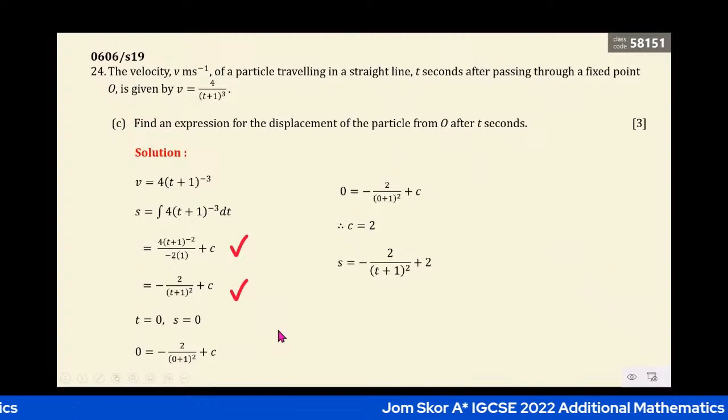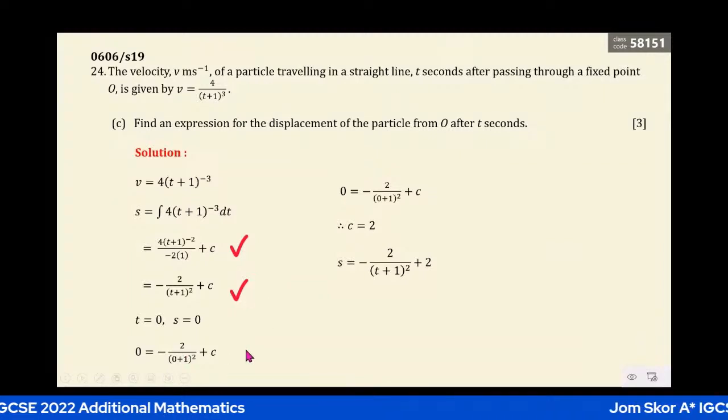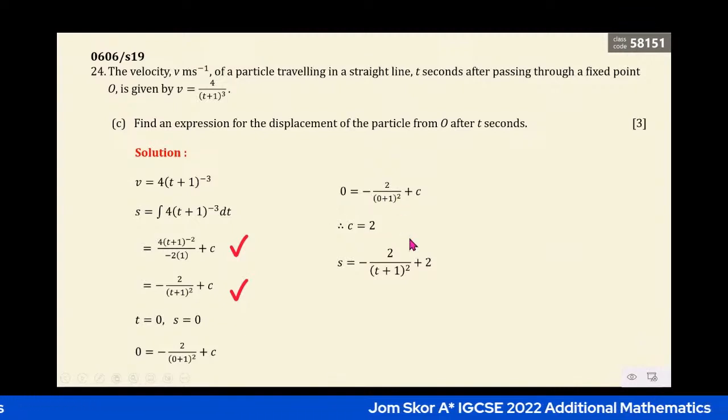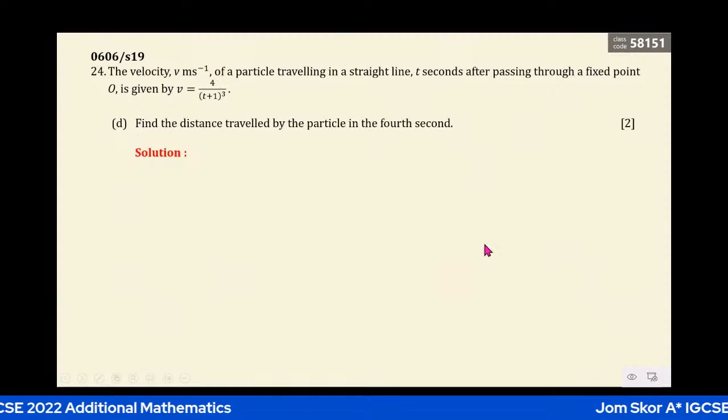Okay. Next, betul semua yang ini. Yang baru kita dapat bagi markah yang kedua. Okay. And then you substitute at T is 0, S is 0 to get C. Then the answer is this one.